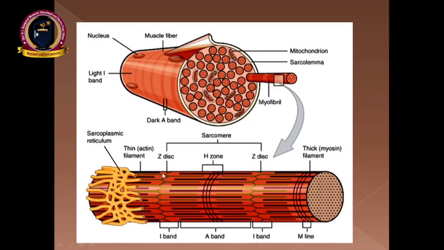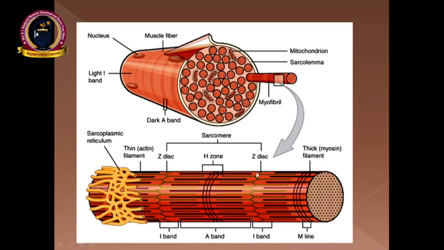So these are the actin filaments, the thin ones, what you see here. These are the thin actin filaments, and these are the thick ones, the myosin filaments. So they are arranged in a particular fashion.